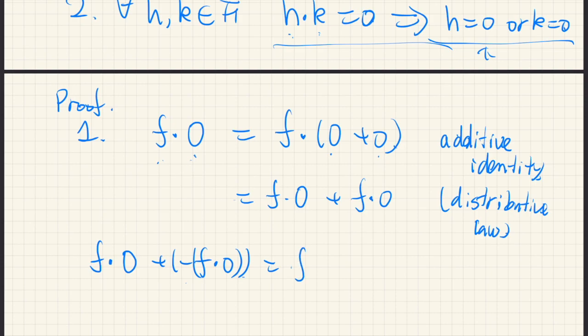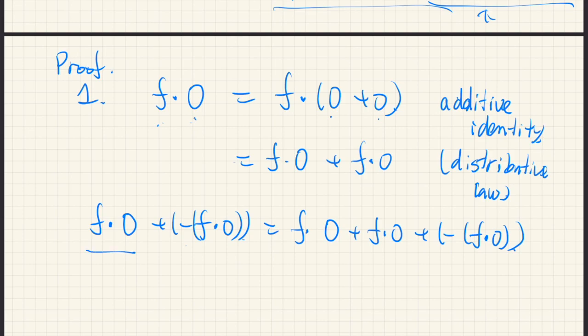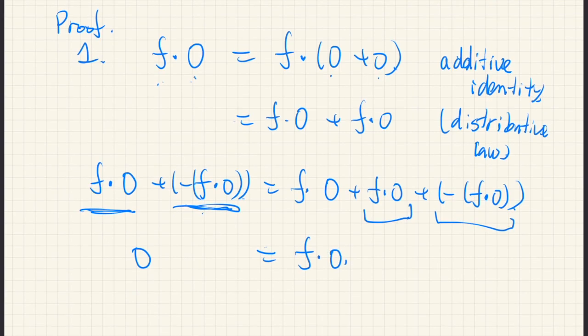So if we do that, since this is the additive inverse of this, the result is 0 on the left-hand side. And here, this is cancelled by this, so the result on the right-hand side is f times 0. So f times 0 is 0, and we are done for the first part.